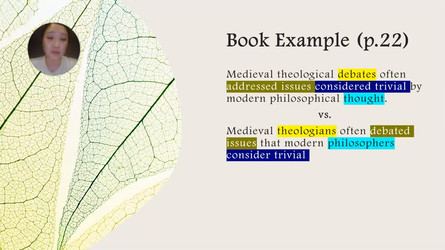So let's take a look at the dark blue. Considered trivial, right? These issues are considered trivial. What is actually doing the considering here? It's the thought, right? But it comes after. And that's something that is generally going to be confusing and very roundabout in English. We typically want to avoid that for the most part.